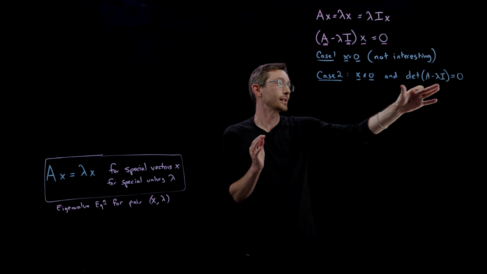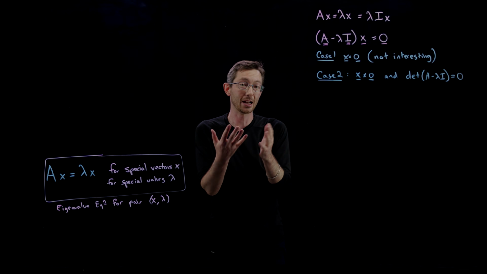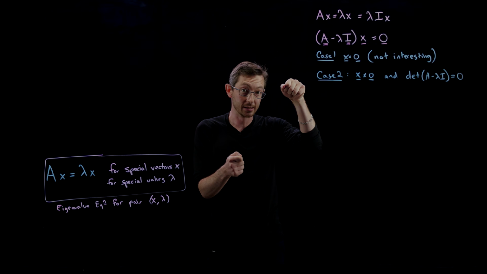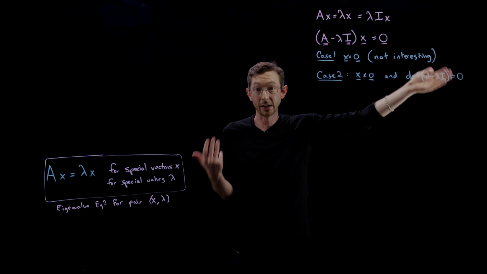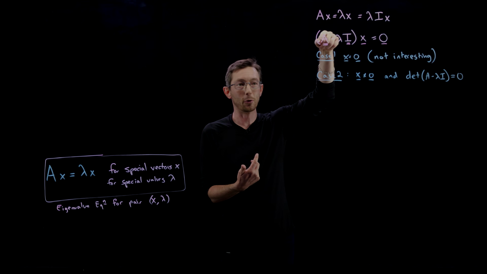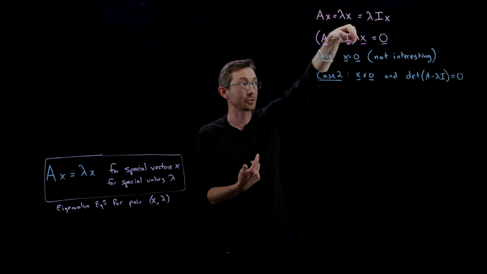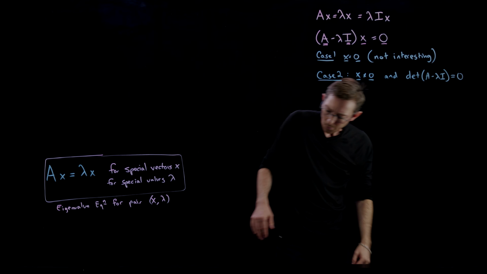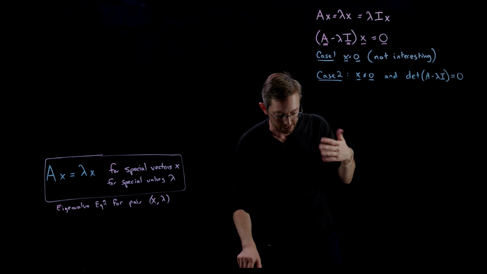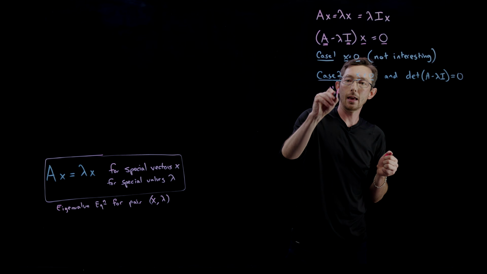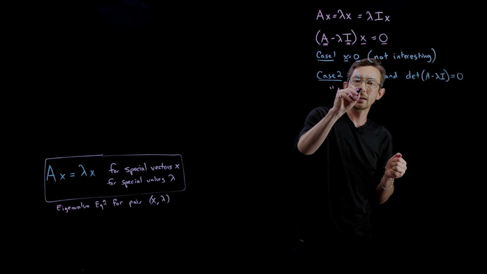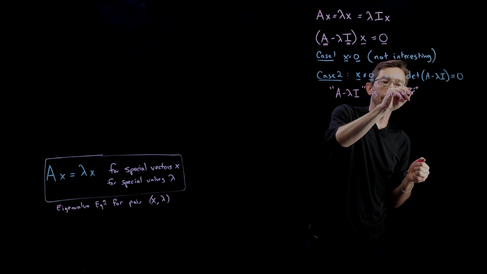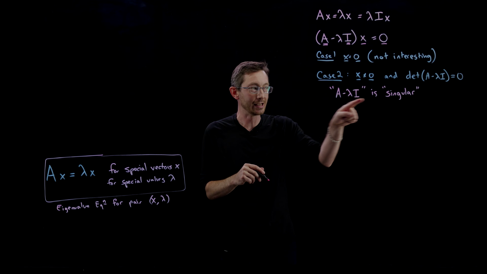If I have a matrix A minus lambda I with determinant 0, there are certain subspaces, certain directions, that if I multiplied them by that, I would get 0, which is kind of what I'm looking for. I'm looking for an A minus lambda I where there are directions that map to 0. We say A minus lambda I is singular.